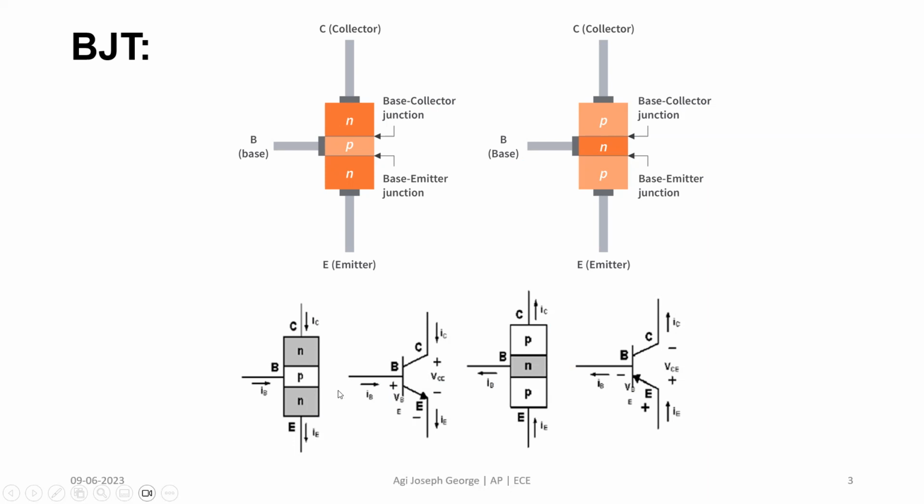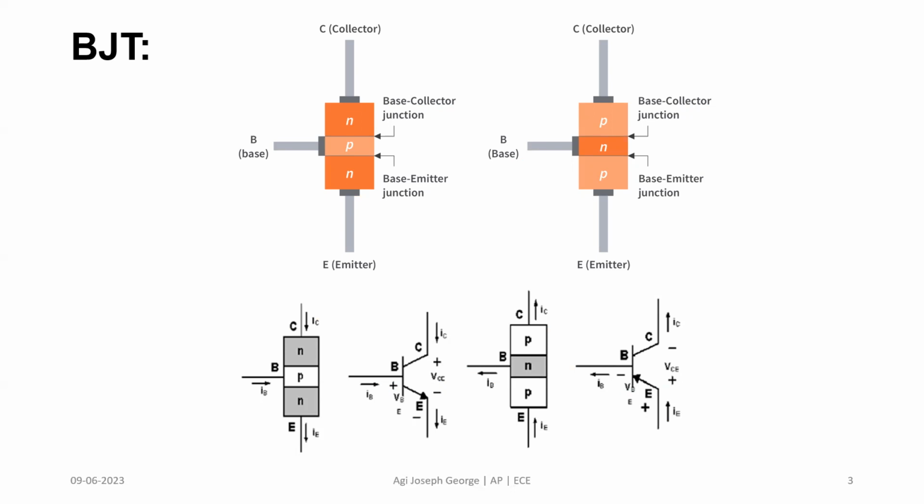Usually, the current flow is represented in two ways. First is the conventional flow. When you talk about conventional flow, the current flows from positive to negative. But when electrons are playing the major role, the current is constituted by the flow of electrons, so there is another direction shown.